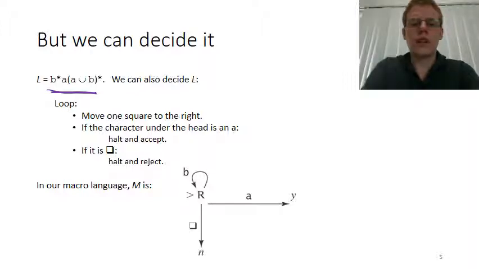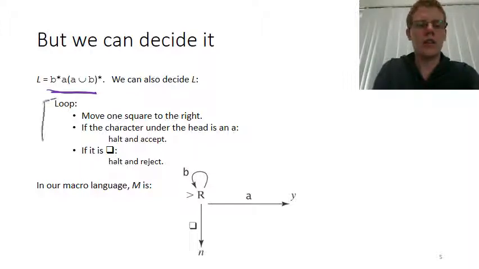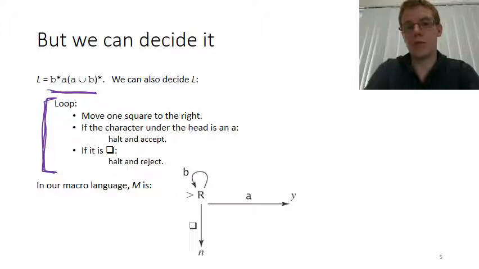So in our English definition again, we can extend it slightly to handle the case where we have strings made up of all b's, which is the only remaining possibility, or empty strings, which are the only possible strings that we have to deal with which are not in the language. So in this case, we loop moving one square to the right, and if we see an A, we halt and accept.